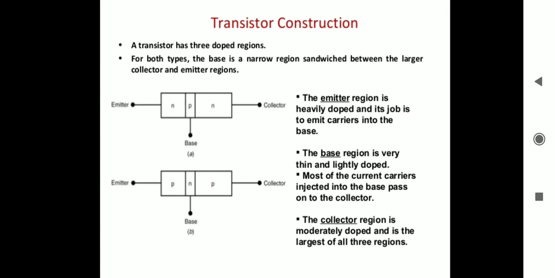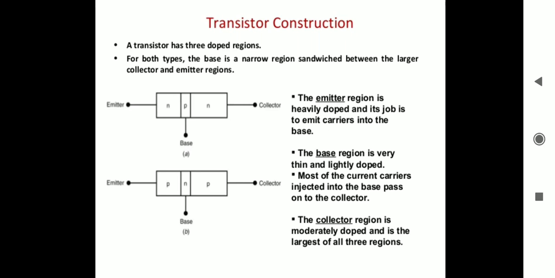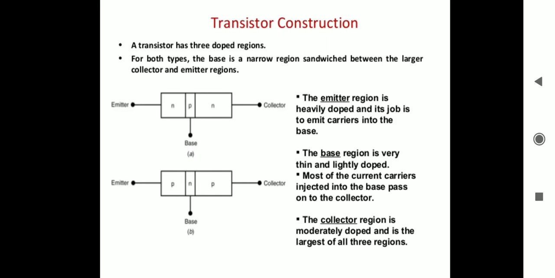The emitter is the most heavily doped layer because it has to emit or inject electrons, and the collector area is slightly larger than the emitter area. The collector area is largest because it is required to dissipate more heat.